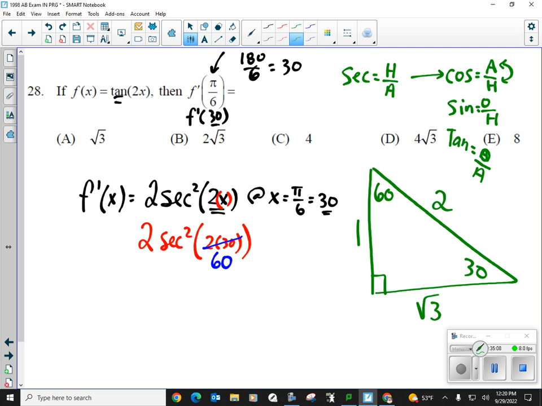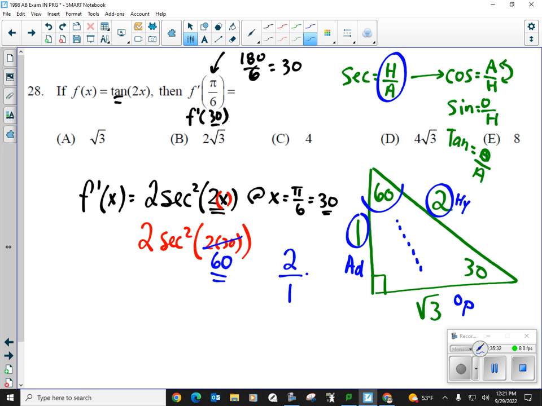Okay? So we're at 60 degrees. How do I know that? 60 degrees. Opposite of 60 is radical 3. Adjacent is 1, and hypotenuse is 2. So the secant of 60 degrees, hypotenuse over adjacent, that's 2. All right? So the secant of 60 degrees is 2.